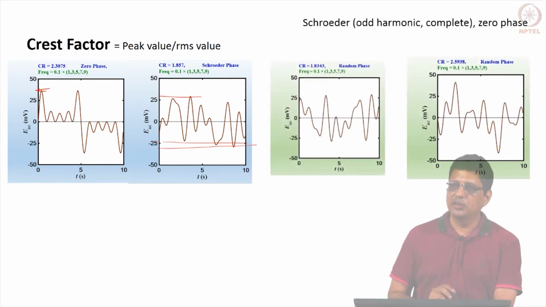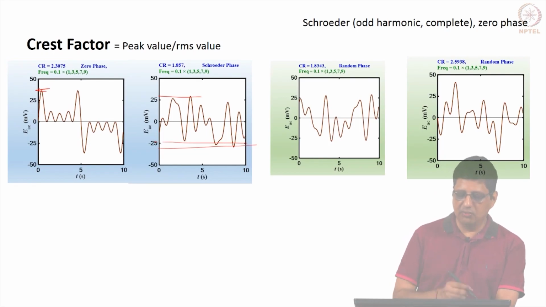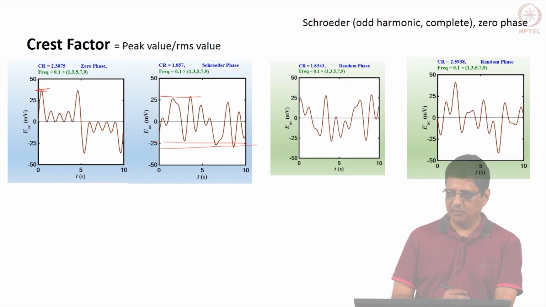Now, I also want to show what happens when you use random phase. With random number generation, each time it will give you a different set of numbers. In one case I got 1.83, which is actually good, better than Schroeder. In one case I got 2.59, which is worse than 0 phase.